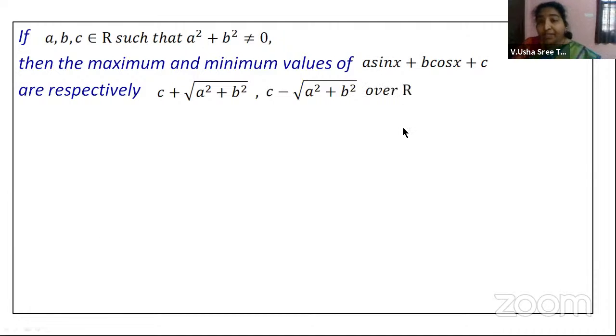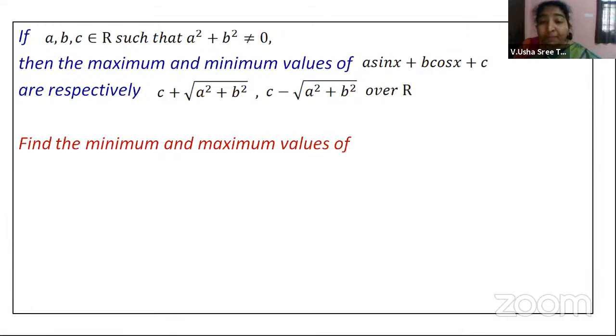Now children, you are given an expression which involves trigonometric functions. A sin x plus B cos x plus C, or you can take A cos x plus B sin x plus C also. It hardly makes any difference when you take the formula for maximum and minimum values. If you're given such an expression and asked to calculate maximum and minimum values, it is simple. You will just take these two values and go for the substitution.